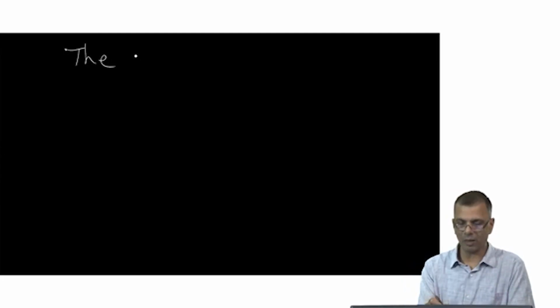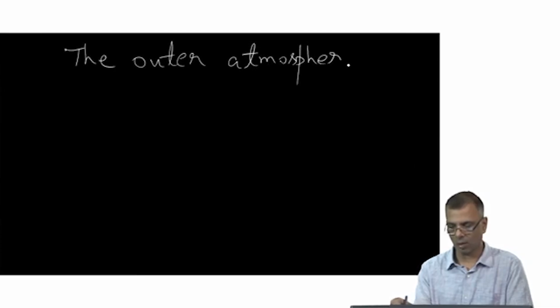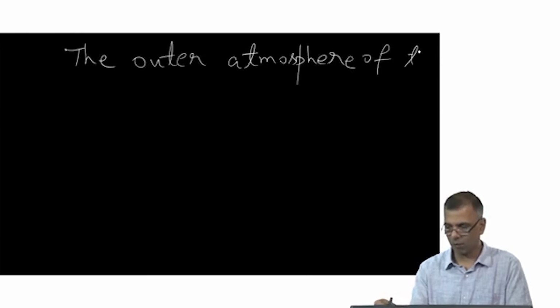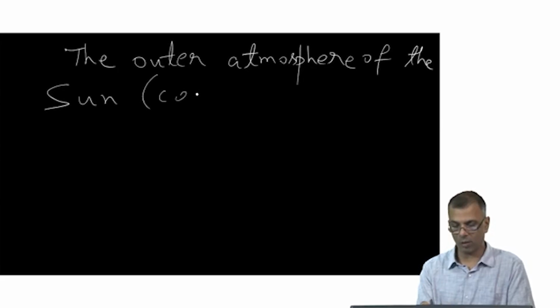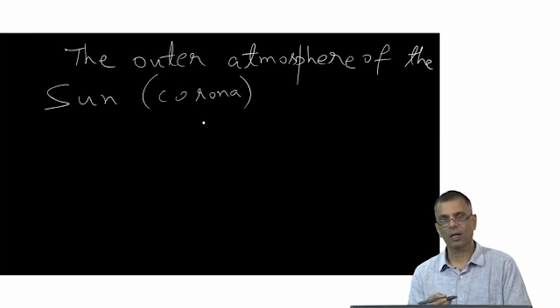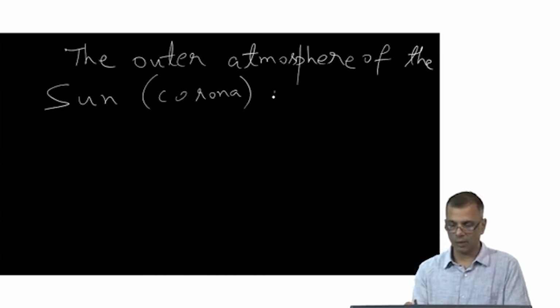But the main thing about it, the outer atmosphere of the sun, our sun, which is called the corona, which is very thin and quite hot, and it's not directly visible to us except during eclipses, right?